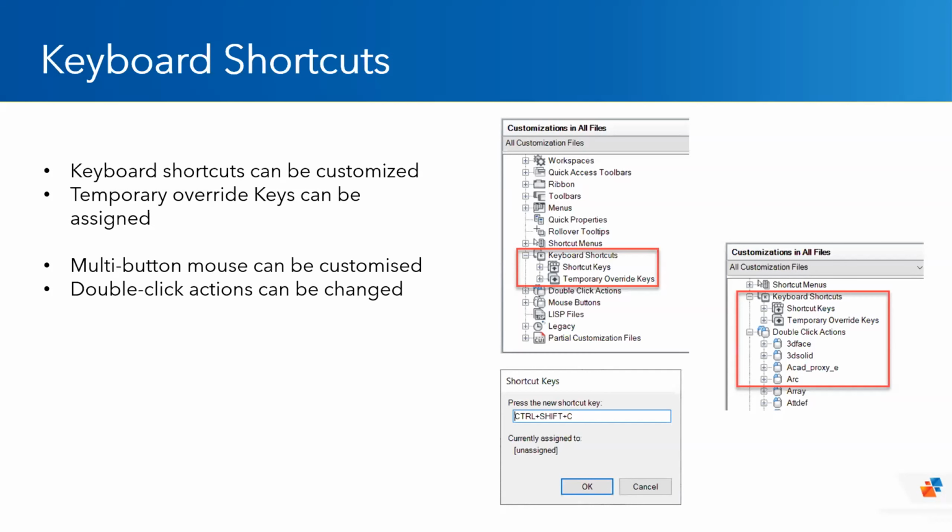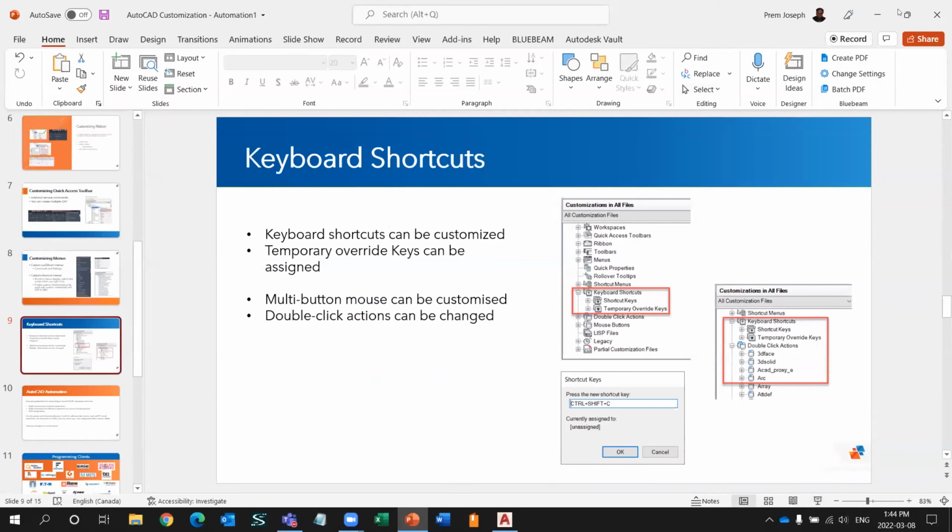Also keep in mind, if you have a multi-button mouse, the typical one comes with 3 buttons. I've seen 8 buttons and 25 buttons and really custom mouse devices or pointing devices. So you could assign commands to specific buttons in a multi pointing device there. So AutoCAD is really flexible in this case when it comes to dealing with the customization.